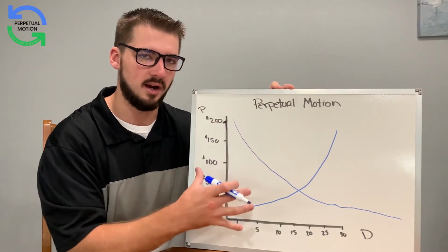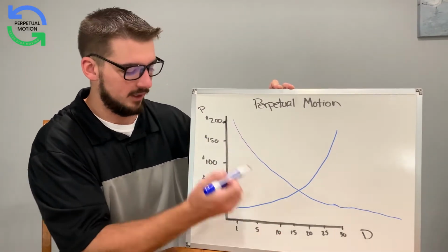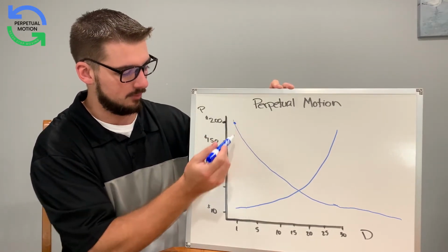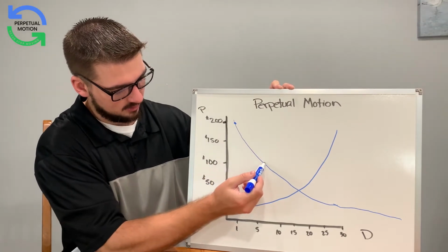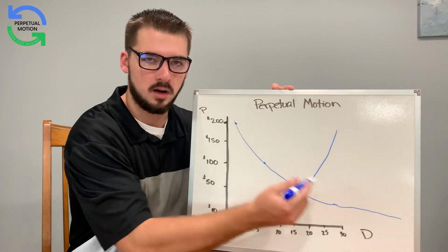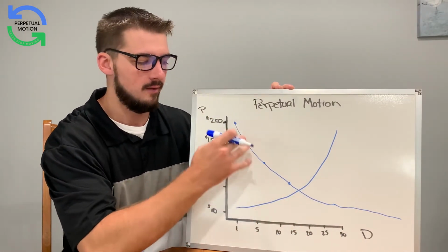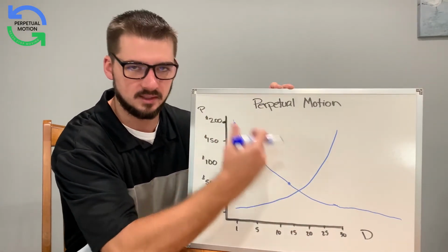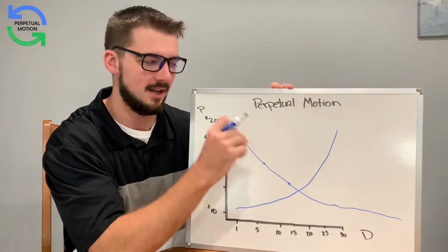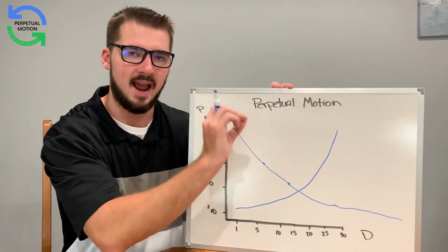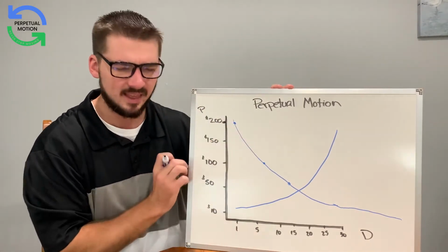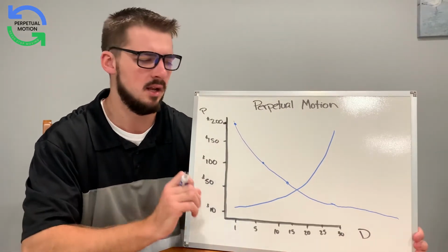So look at the prices, plot some points, and figure out if at $200, how many sessions you're going to do, and plot that point. At $100, how many sessions are you going to do, and plot that point. That gives you an idea of how much that curve actually curves. For our purposes today, I just did this freehand. So don't just freehand it, actually put some numbers and graph it, put some points on it, and then connect those lines. But that gives you the idea of supply and demand.